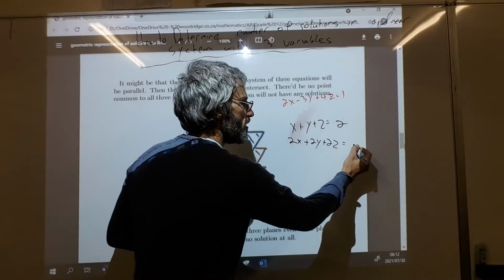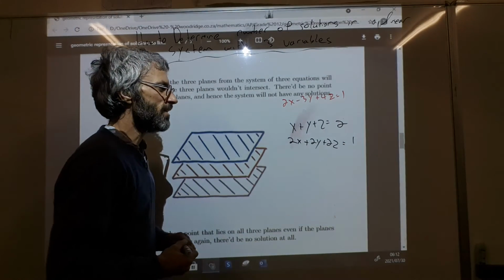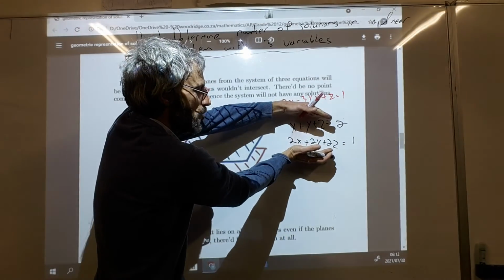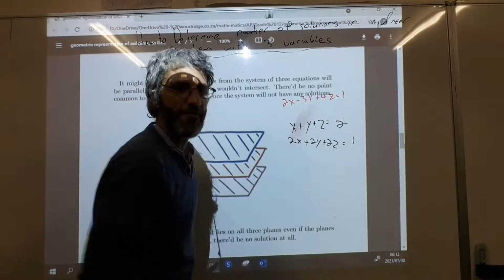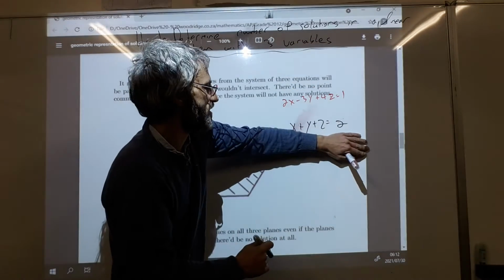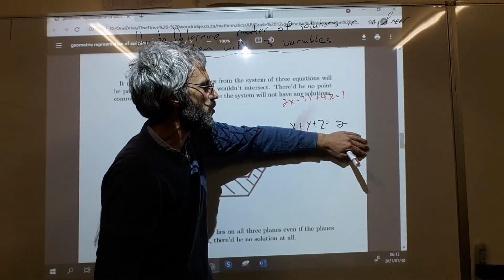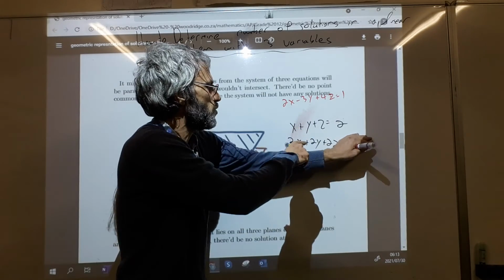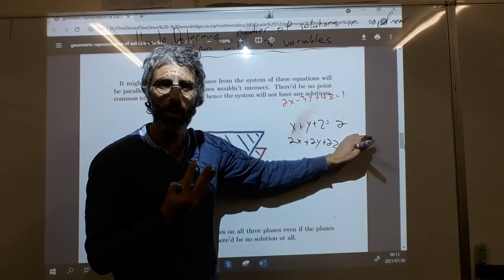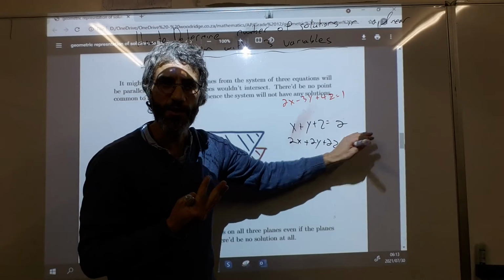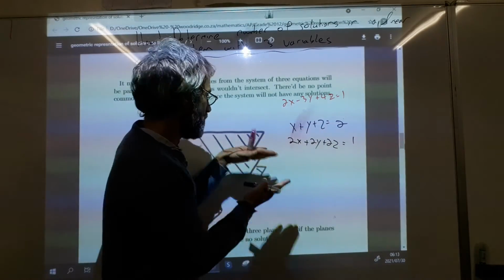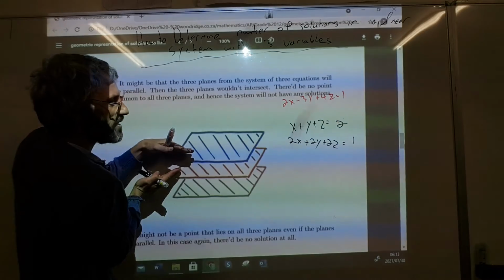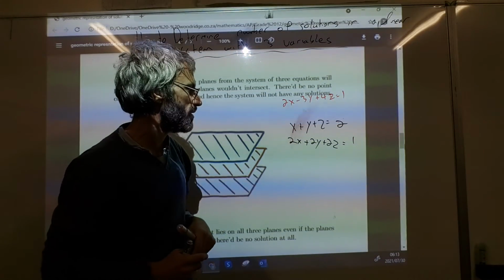But if instead of writing 4, I write 1, then these equations can never be satisfied, because if I double the first equation, 2x plus 2y plus 2z must equal 4, but it's equal to 1. So these two planes are parallel to each other.